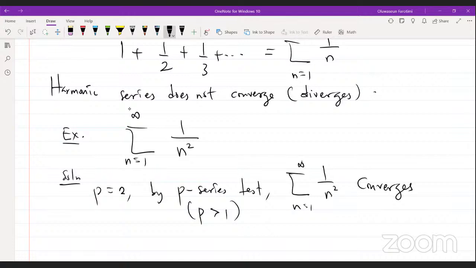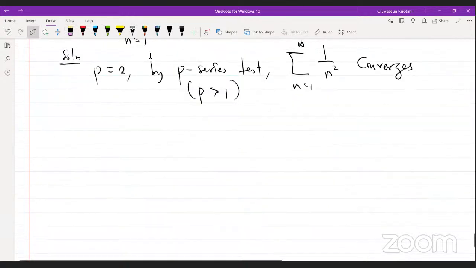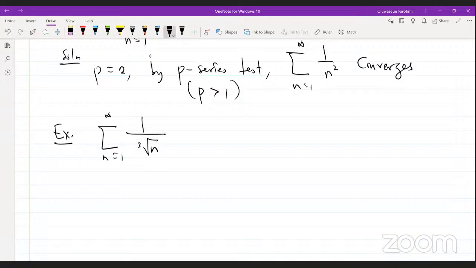Okay, so let's see if we can do one more, and then we'll stop there. So example, you have the series 1 divided by the cube root of n. How do you treat this guy? Solution. Can I write the guy on the bottom as a power? Yes, I can. So this is like n to the 1/3. Now, what is the value of p?